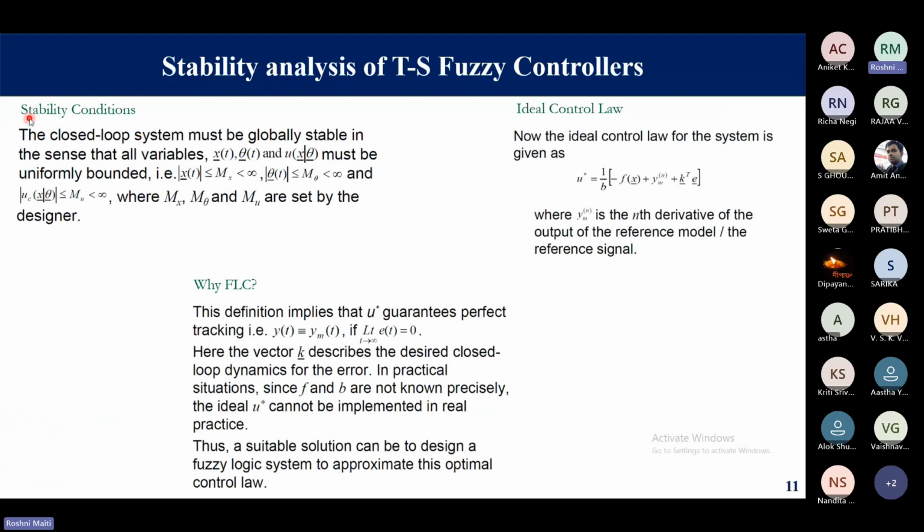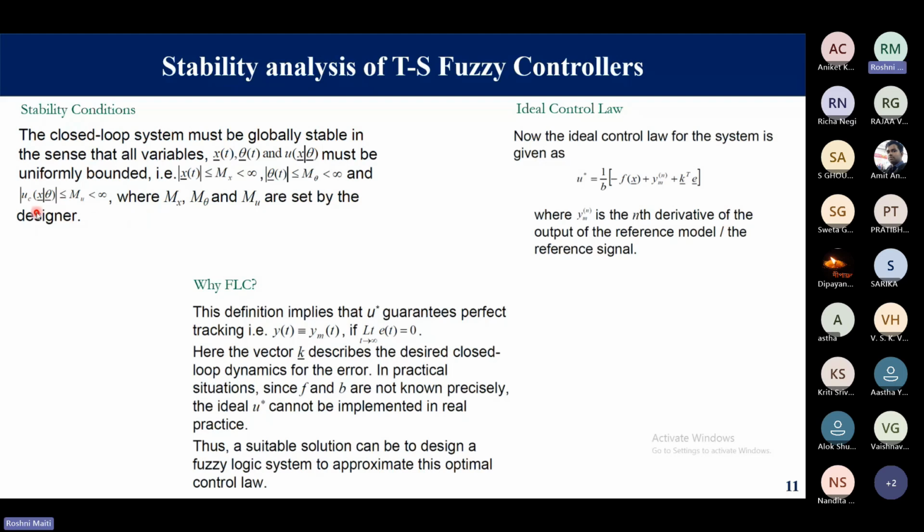Now, for stability, we have to develop one controller such that our system states will be bounded. Here, we are not concerned only about the system states, as well as whatever uncertainties or disturbances are included in my system, that also should be bounded.